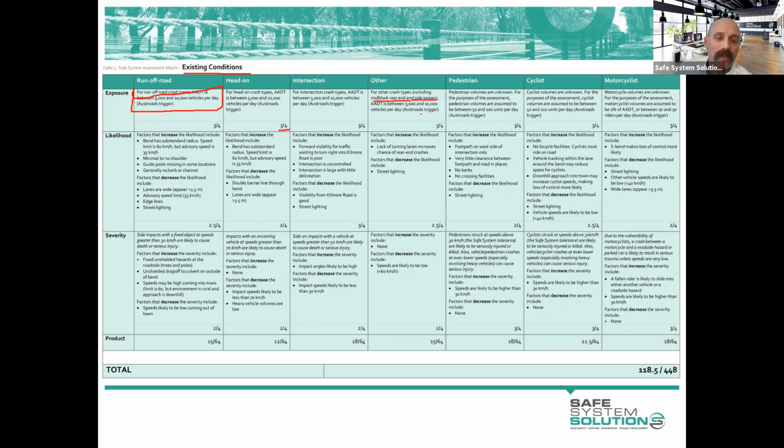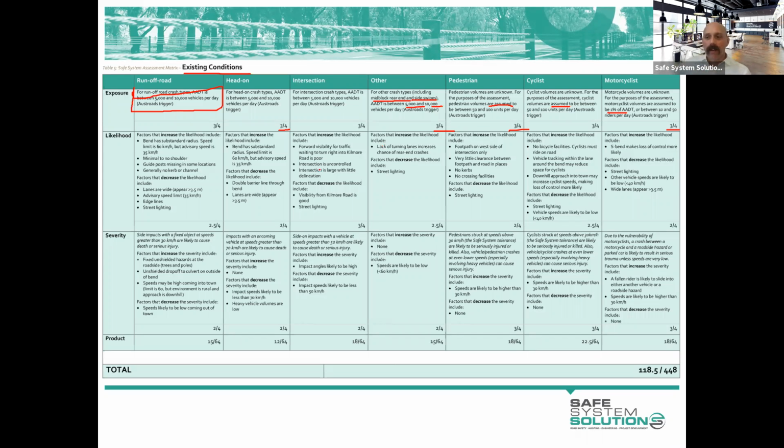So they've specified those as particular crashes they didn't believe were accurately put into these other crash categories. And they've got a volume of 3 because it's between 5,000 and 10,000. And it just happens this one's 3 across the board. Pedestrians are assumed to be between 50 and 100 units per day, a 3, and motorcyclists assumed to be 1% of AADT, and a 3. So we're seeing 3 across the board for exposure.